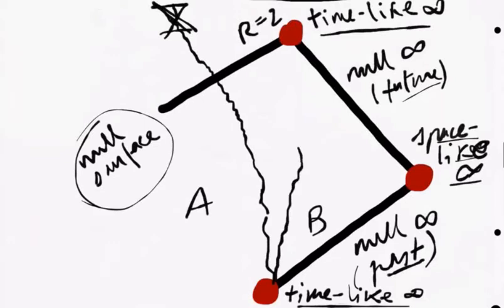Okay, and again with a proviso that this person is within, so the world line is within a light cone, things are fine.